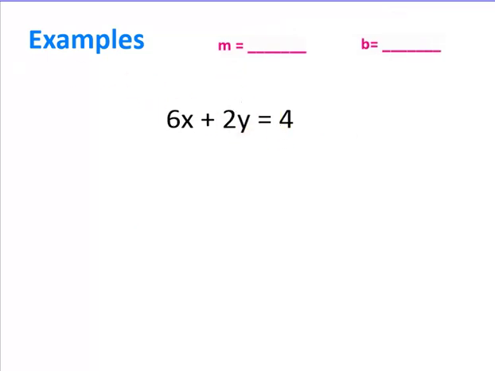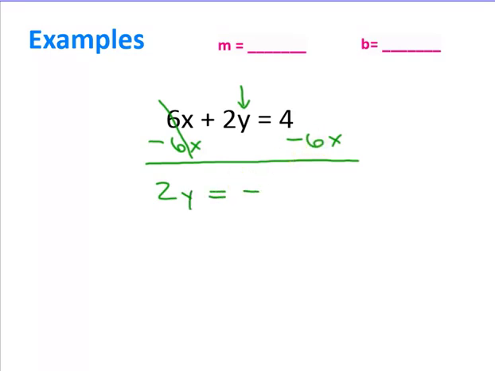All right, so here is my y. What terms are attached to that? So I have 6x. So I'm going to do minus 6x on both sides. 6x minus 6x, we're going to cancel. So I have 2y equals, so a minus 6x, and then I have plus 4. Now I still have something attached to the y here.